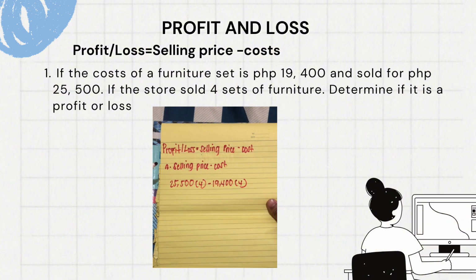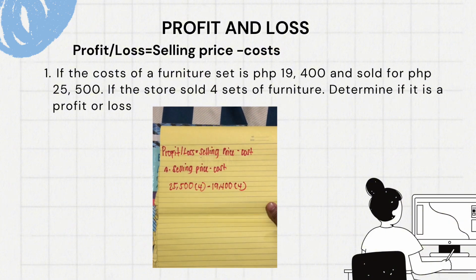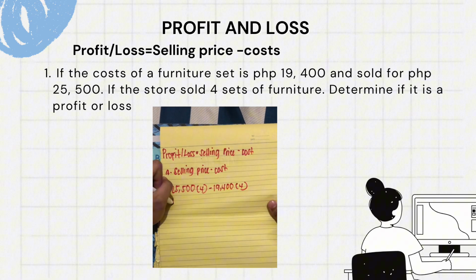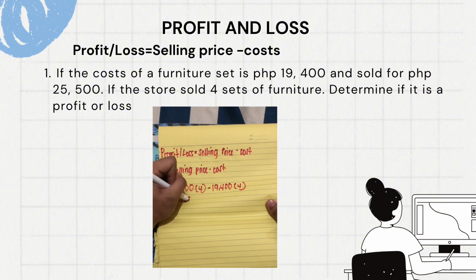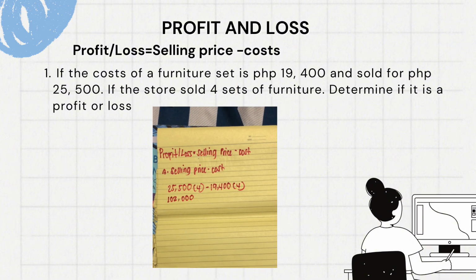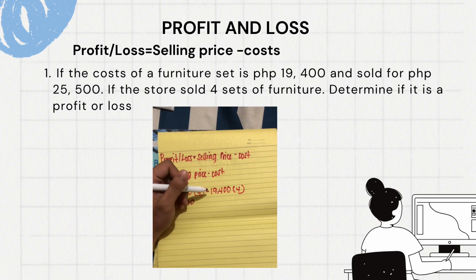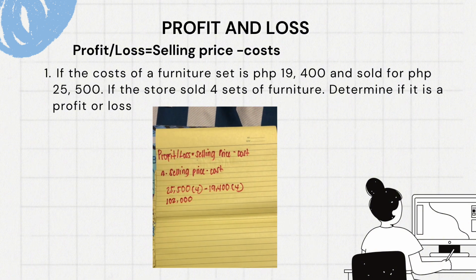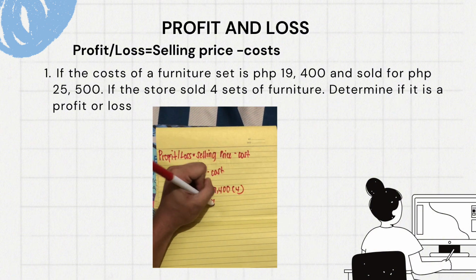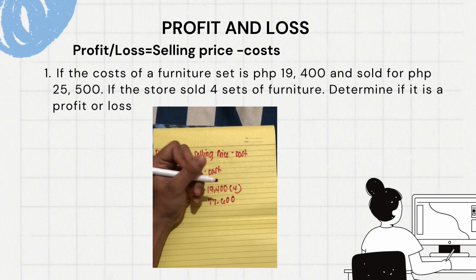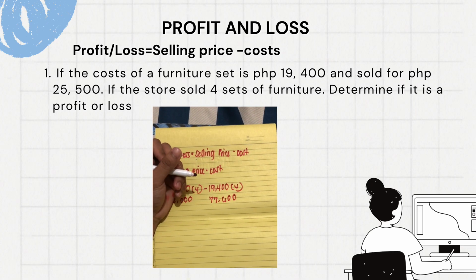Let's multiply 25,500 by 4. Using the calculator, the answer is 102,000. And 19,400 multiplied by 4 equals 77,600.